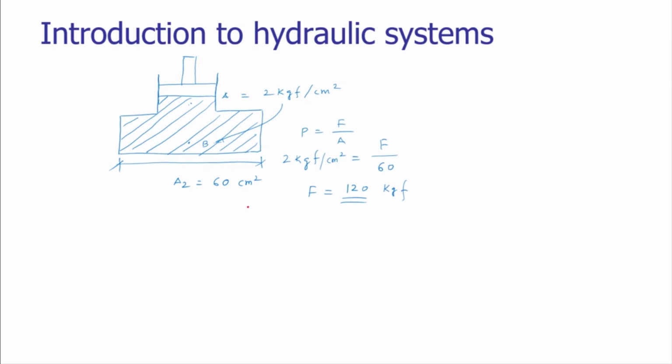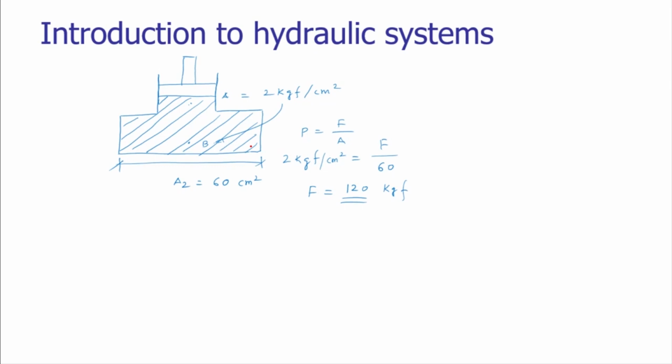So this same principle can be used to carry out our operation. Here you notice the application of the 6 kg at the top surface in container A is generating around 120 kilogram force at the bottom side of the container. So the meaning is that there is enhancement in the application of the load, that we call the mechanical advantage.